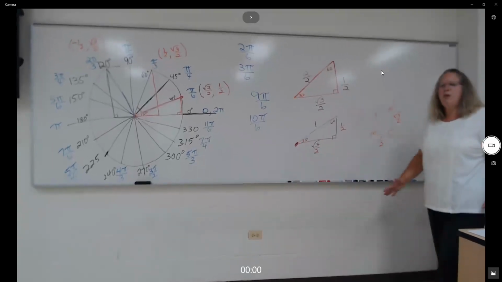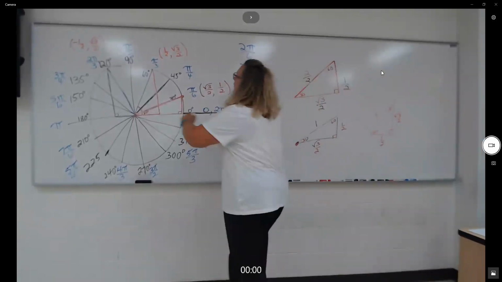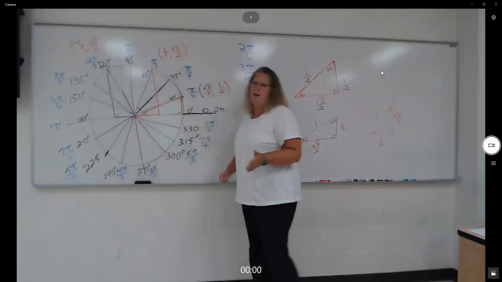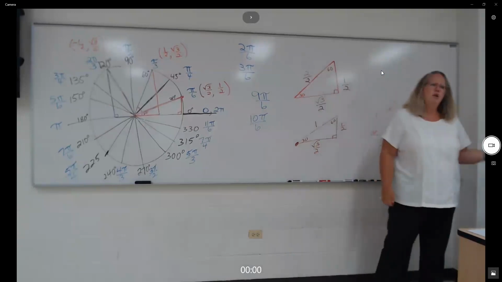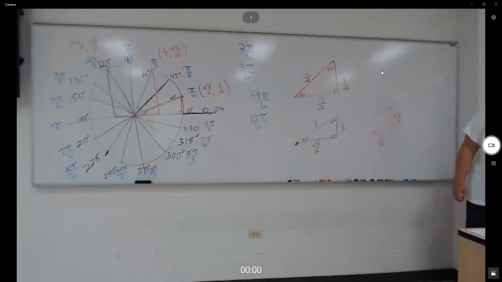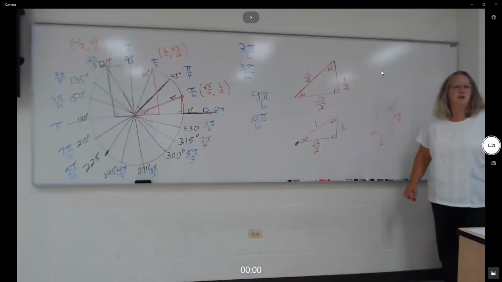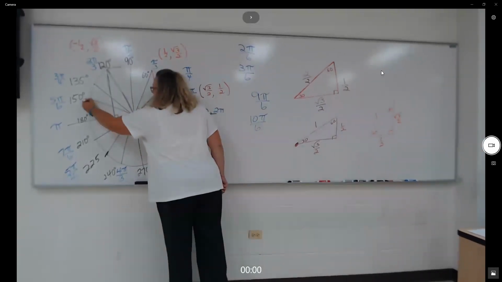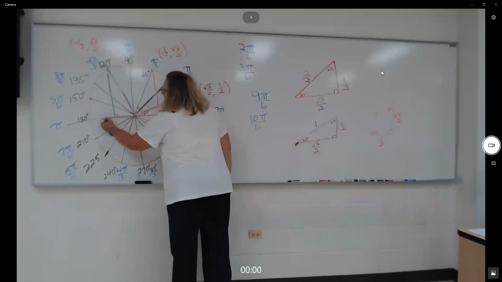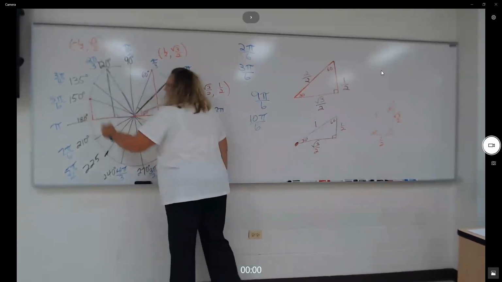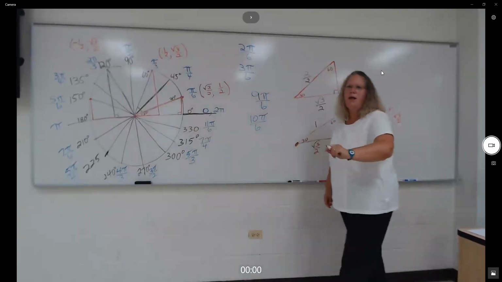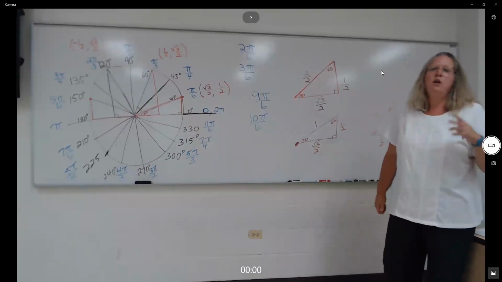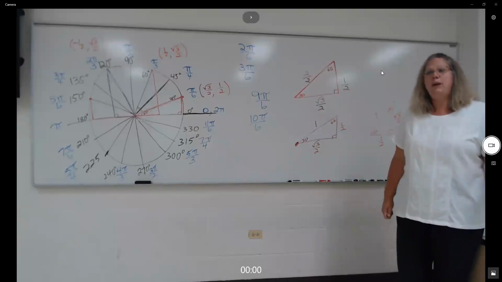Okay, so I know a lot of people look at this and they match this triangle with this triangle, and that's good. But if you're just trying to do it on your own, if I just give you randomly 5 pi over 6, I mark it on my circle in general where it's at, and then I go long line, short line. What does the long line have to be? Square root of 3 over 2. That's the bigger number.